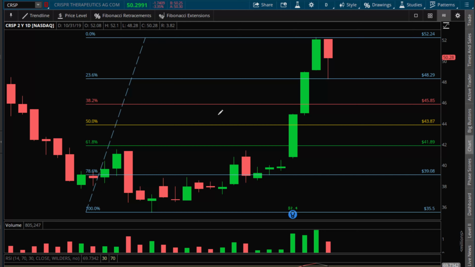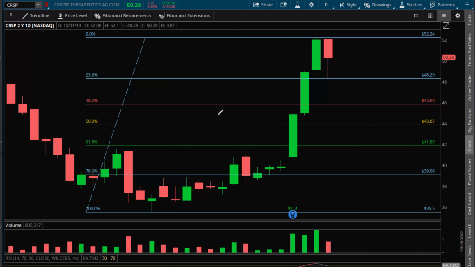Not always, but to me the 23.6 really signifies a strong trend. The 38.2 is also a good trend. So if you have a pullback to a level of 38.2, you still have yourself a pretty good upward trend.